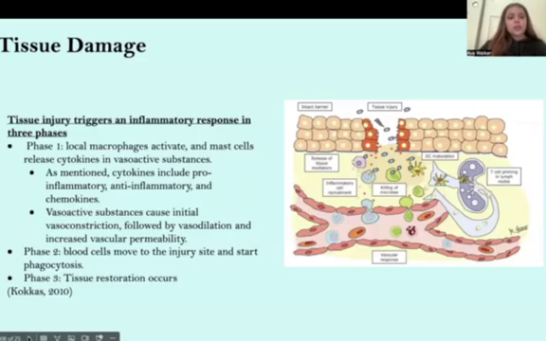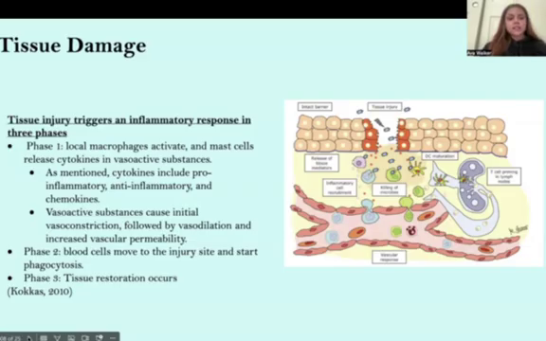Tissue damage. This is what triggers an inflammatory response in three phases. In phase one, local macrophages activate and mast cells release cytokines and vasoactive substances. As mentioned, cytokines include pro-inflammatory and anti-inflammatory, as well as chemokines.